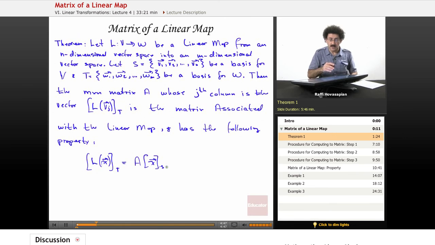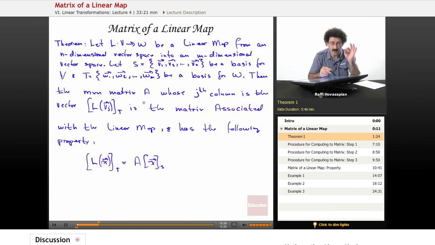Okay, so let me read through this and talk a little bit about what it means. L is a linear map from a finite dimensional vector space to another finite dimensional vector space. The dimensions don't necessarily have to be the same. S is a basis for V, the departure space. T is a basis for the arrival space. Then there's a matrix associated with this linear map of two arbitrary vector spaces.